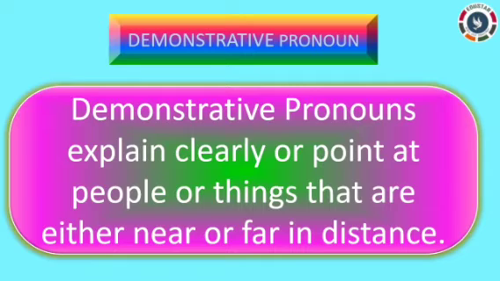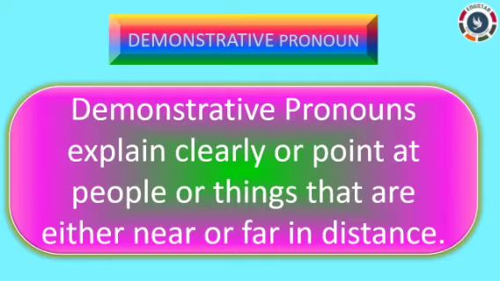These demonstrative pronouns point at people or things that are either near or far in distance. So, keeping in mind the singular, plural and near far concepts, we will learn demonstrative pronouns. Let us see them in detail.